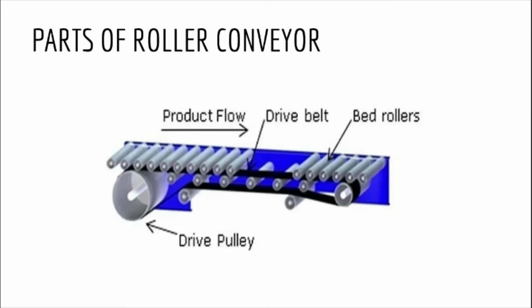Bed rollers, or roller bed conveyor belts, are a good option for transporting items over long distances as they reduce friction, making it easier for products to move along the belt. Drive pulley. It provides the driving force for the conveyor. In order to increase pulley life and traction, it often has a larger diameter than other pulleys.